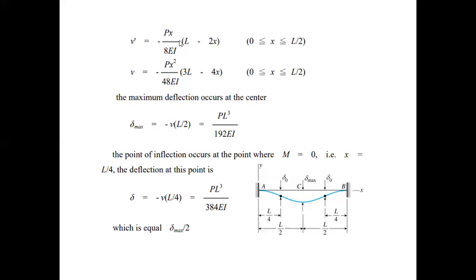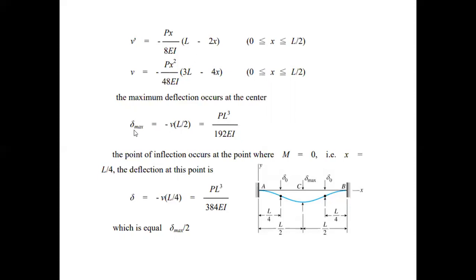This is again, as in the previous case we have seen, a slope equation and this is a deflection equation. So on putting various values of x in the slope as well as the deflection equation, we can easily calculate both slope and deflection for the further cases.